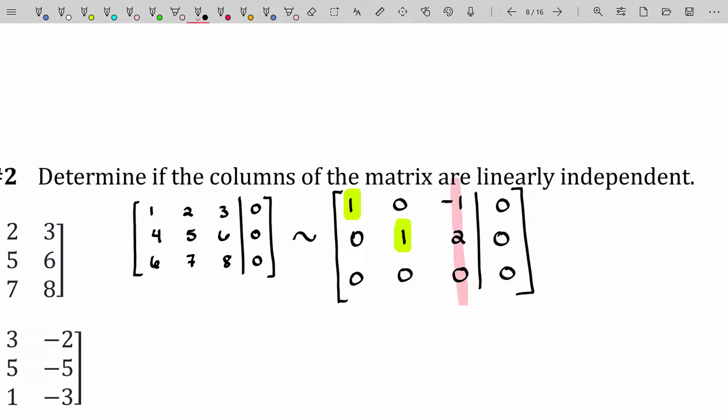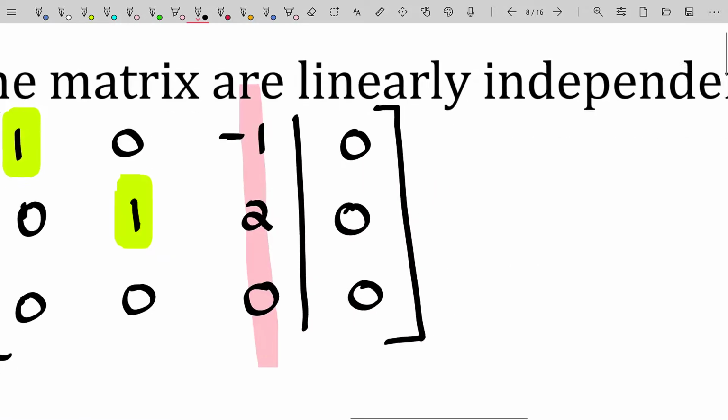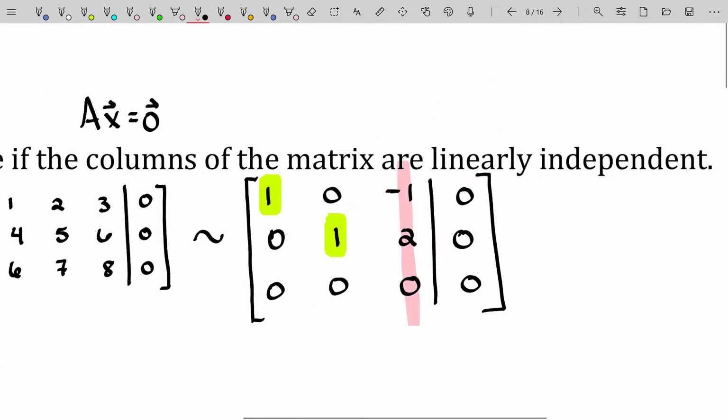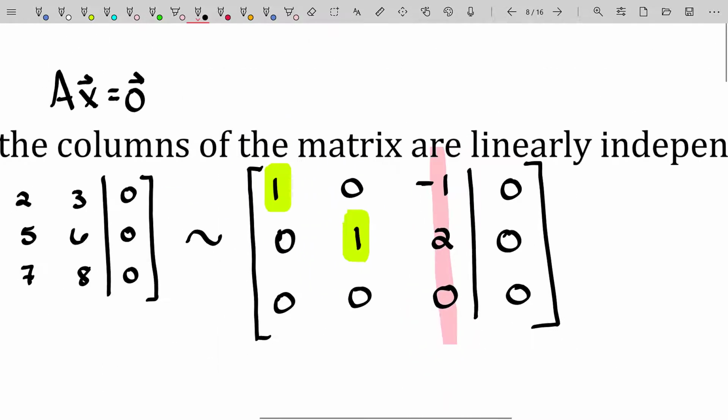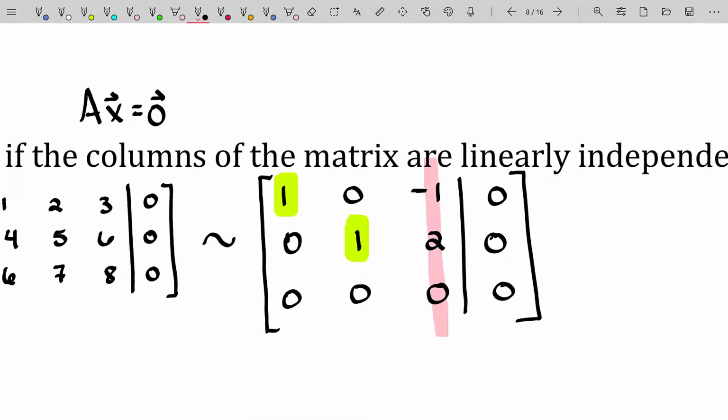So if we are looking at, which we are, the matrix equation AX equals 0, we know there's at least one solution. So I know this is not going to be an inconsistent system, for example. So I don't have to worry about a pivot in the rightmost column. That's basically what I'm saying. But we do have a non-pivot column in the coefficient matrix, which tells us that the corresponding system has an infinite number of solutions.